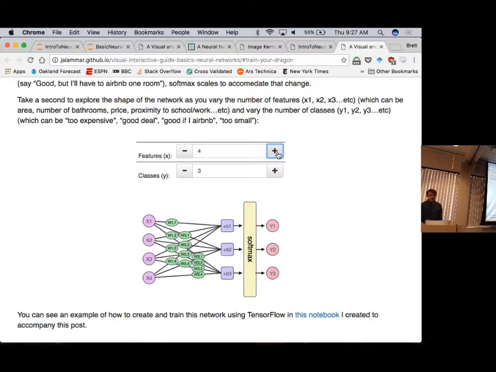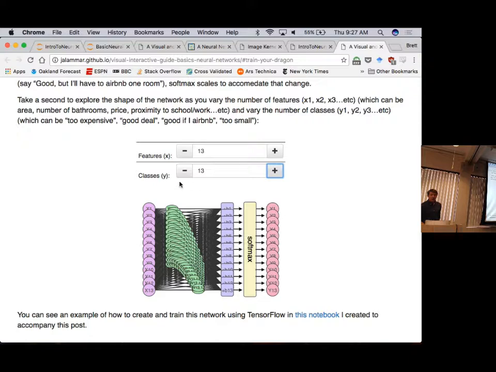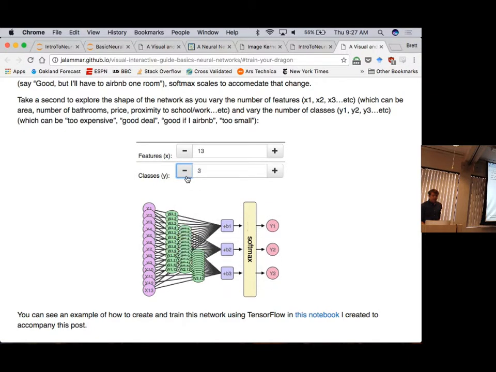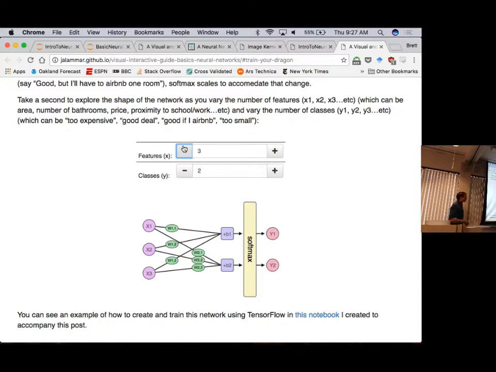So I guess the main intuition to take away here is that the more classes you have and the more features you have, the more complicated a network you need to represent all of these connections. Later on, we're going to have networks with more than one layer. Right now, this is really just a single function that goes from input to output. But as we stack these things together, you really have to be careful with the sizes of your layers.